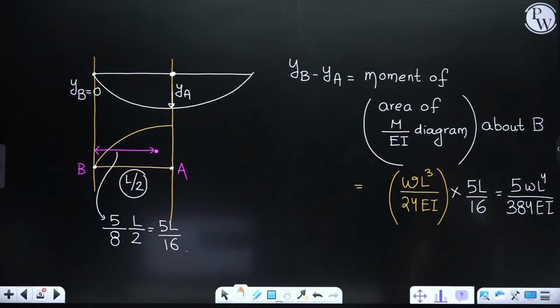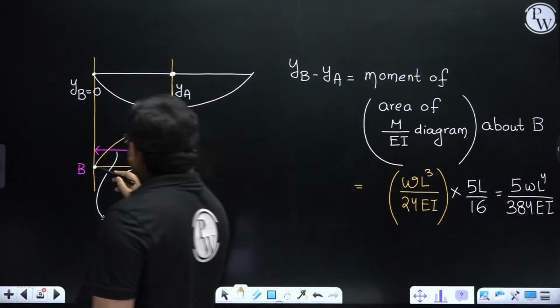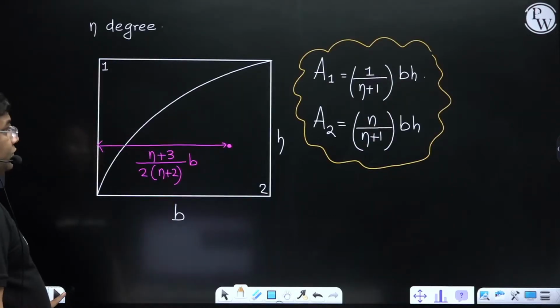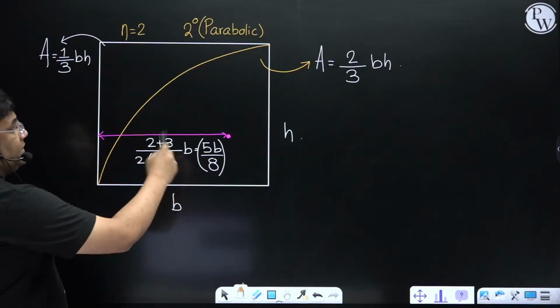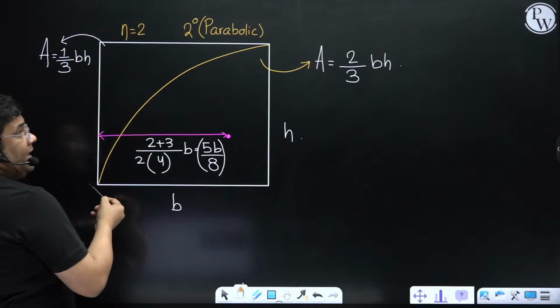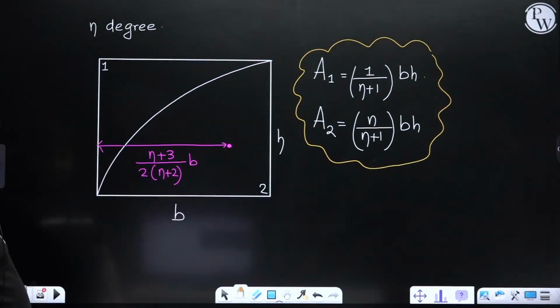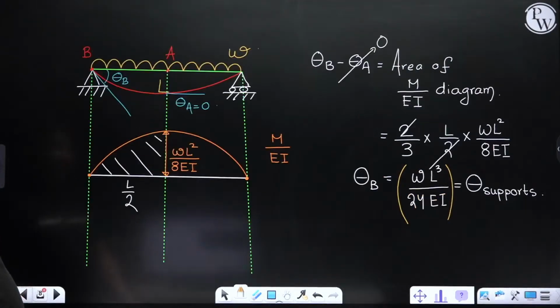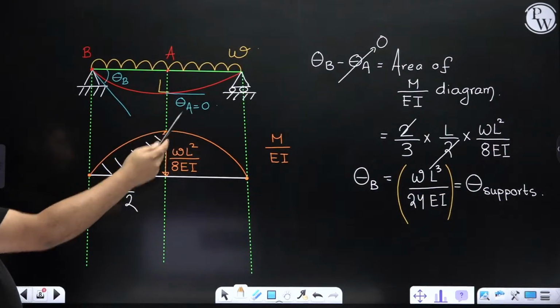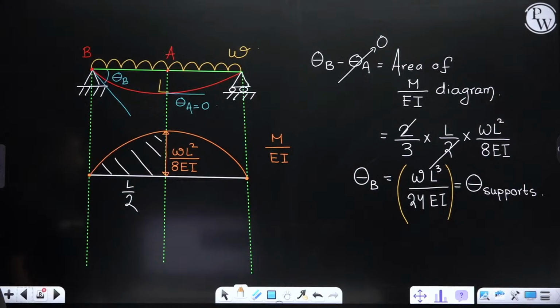Yes, very easy. First we got the area. This area was 2 by 3 into B into H, and we got this slope, the area of the M by EI diagram, right?